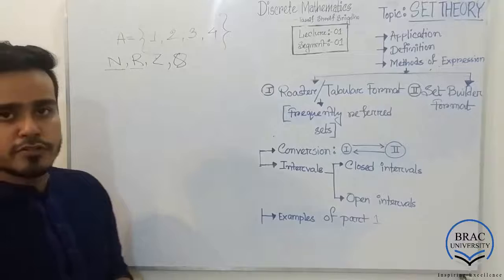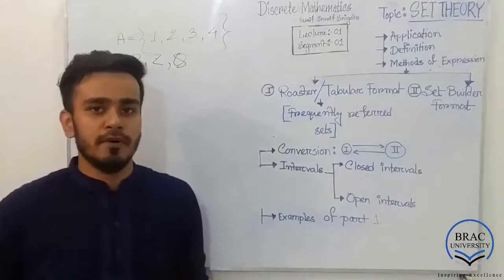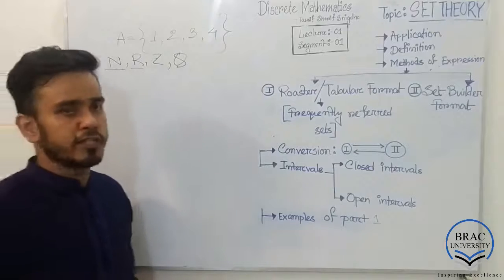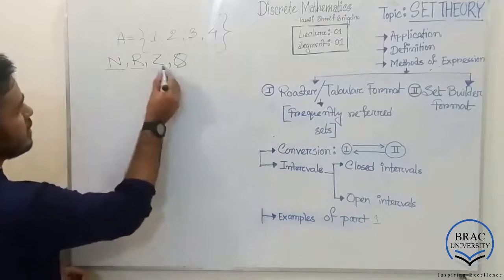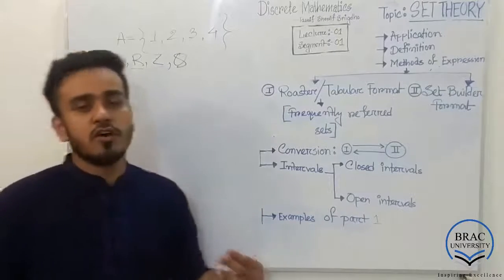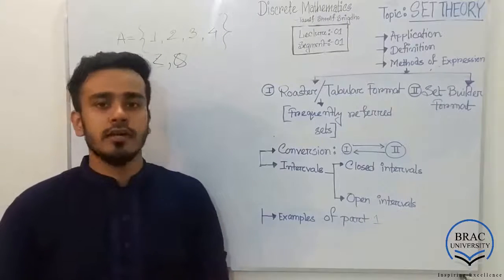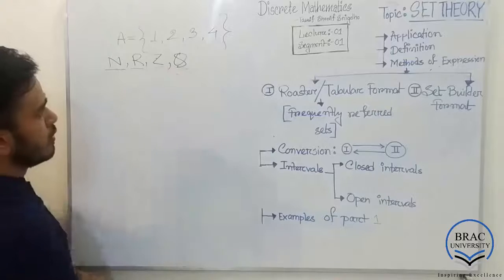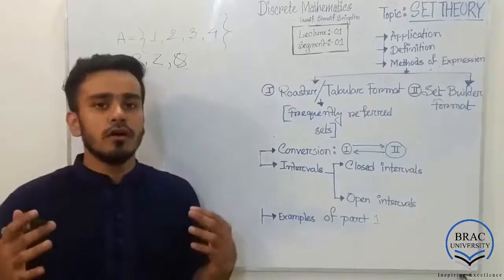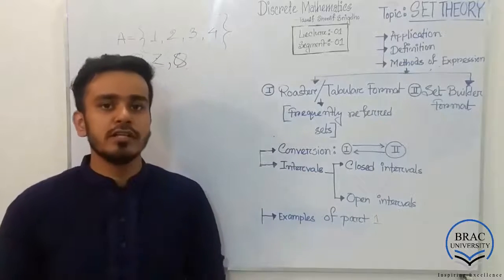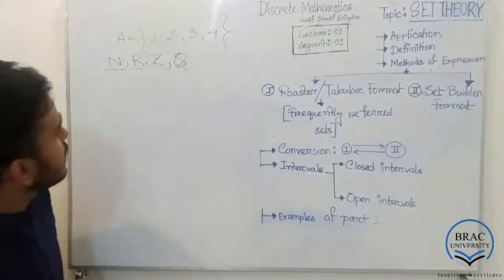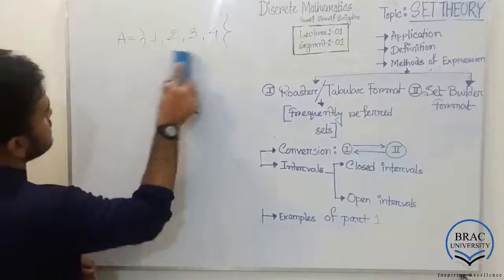R refers to all real numbers. It can be rational, irrational, integral, or fractional. Z refers to the set of all integral numbers. It can be negative or positive. And Q refers to the set of all rational numbers. So these are some frequently referred sets.